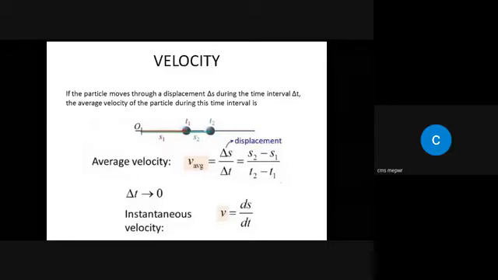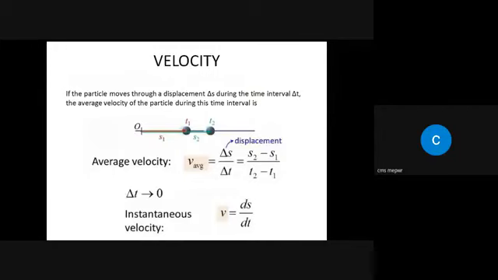Okay, so let's study this velocity. For example, we have an object at an initial point, that is at point 1. The displacement at point 1 was S1 when the time was t1.